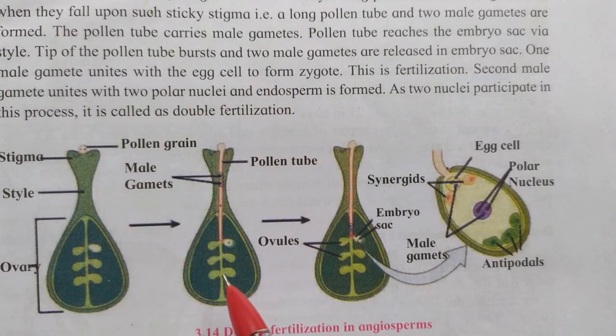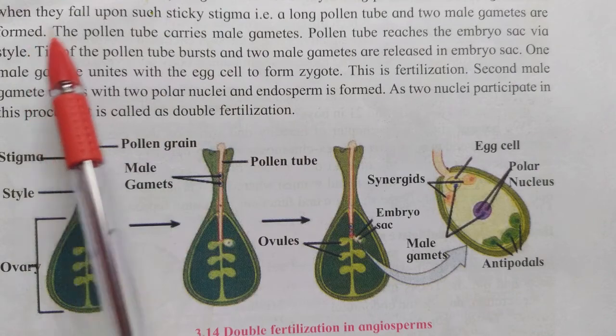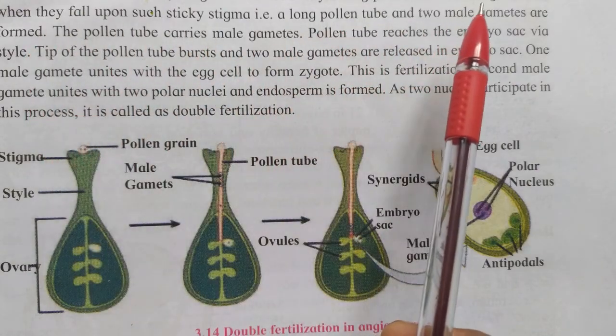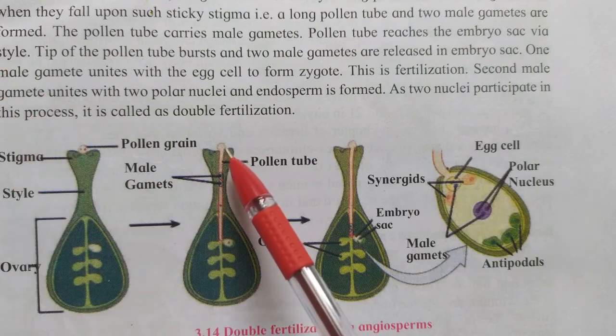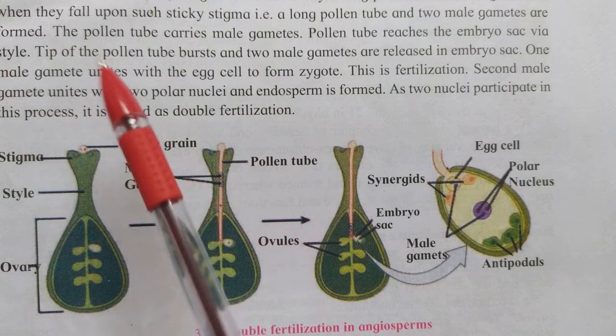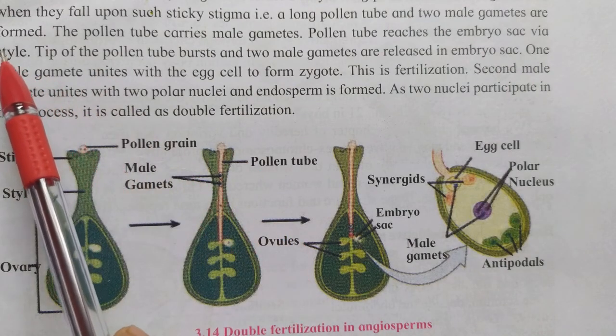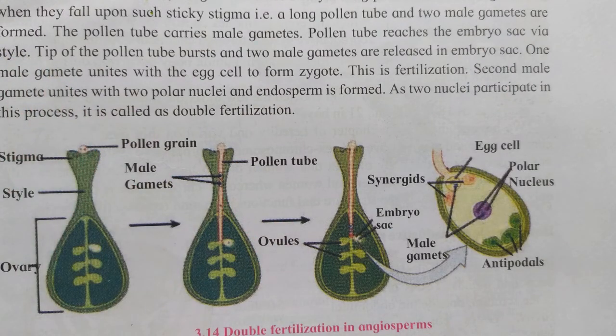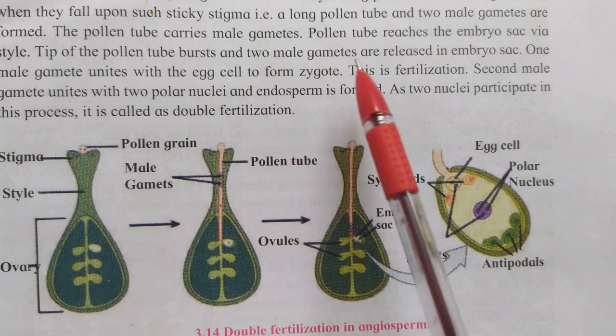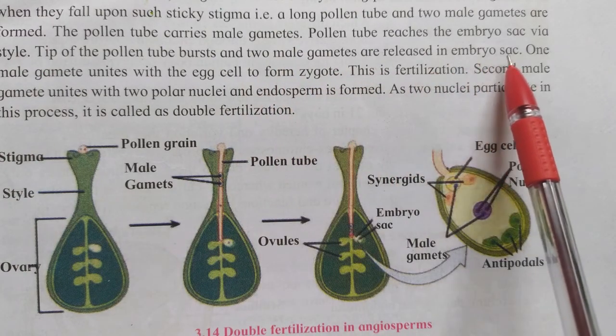So pollen tube reaches the embryo sac via style. Tip of the pollen tube bursts and both male gametes are released in embryo sac.